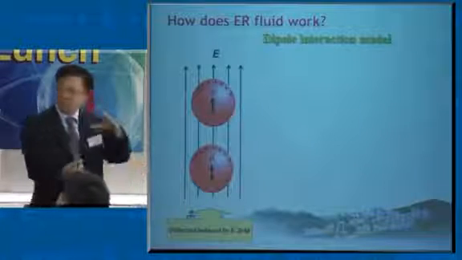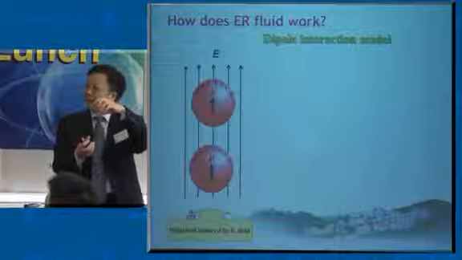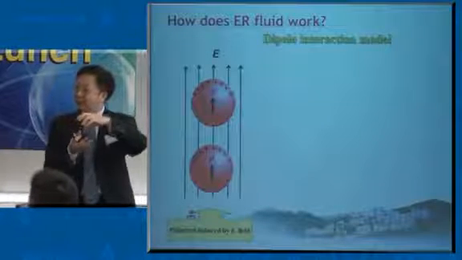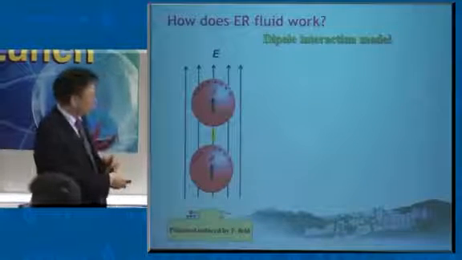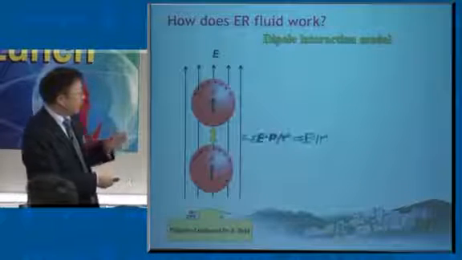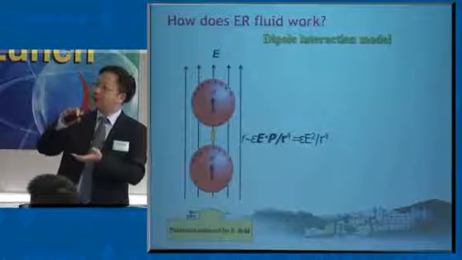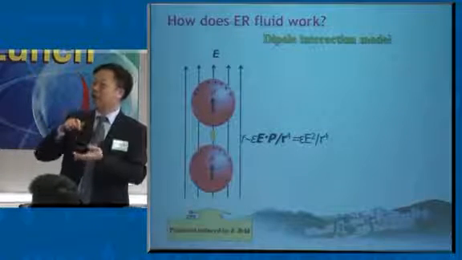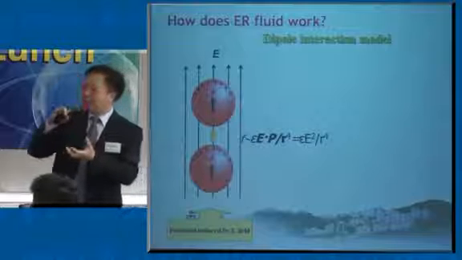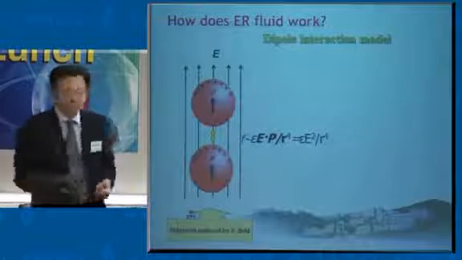Positive and negative attract each other, like a magnet, N and S. This attraction force is proportional to the applied electric field, so you can change the voltage to change the force between the particles.